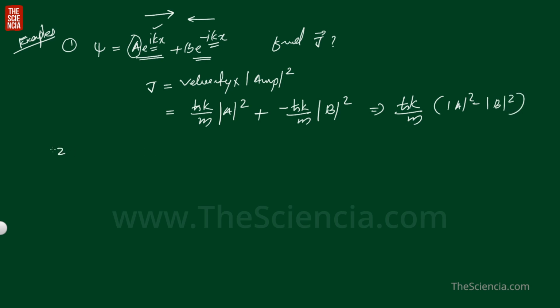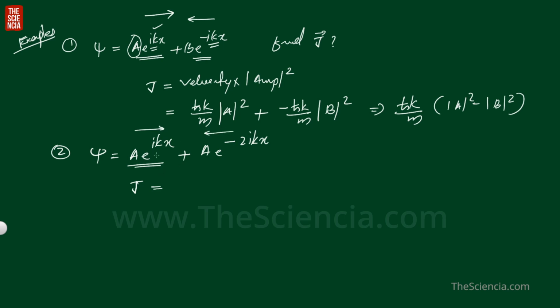Second example, psi is equal to a e raised to ikx plus a e raised to minus 2ikx. Here we have to find out the J value, that is J is equal to again velocity into amplitude. So here the first term is traveling in the forward direction and the second wave is traveling in the negative direction.